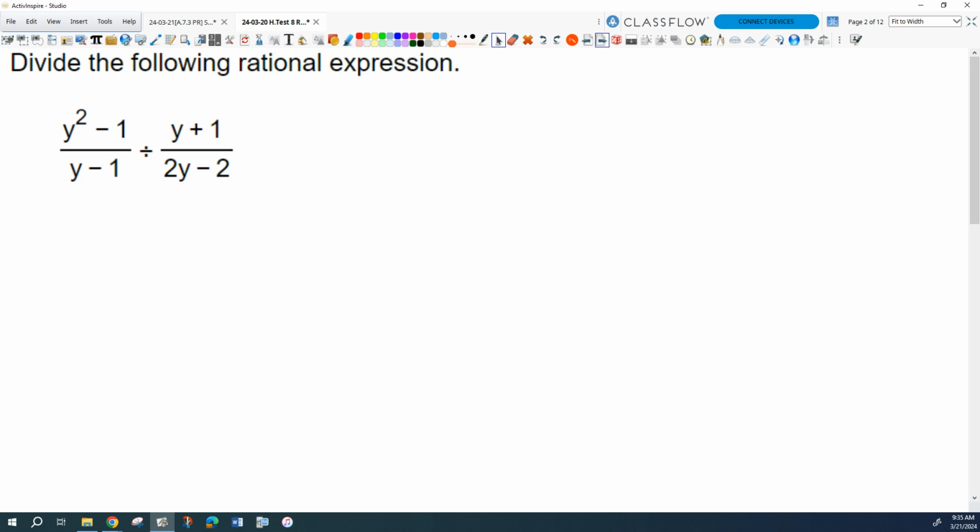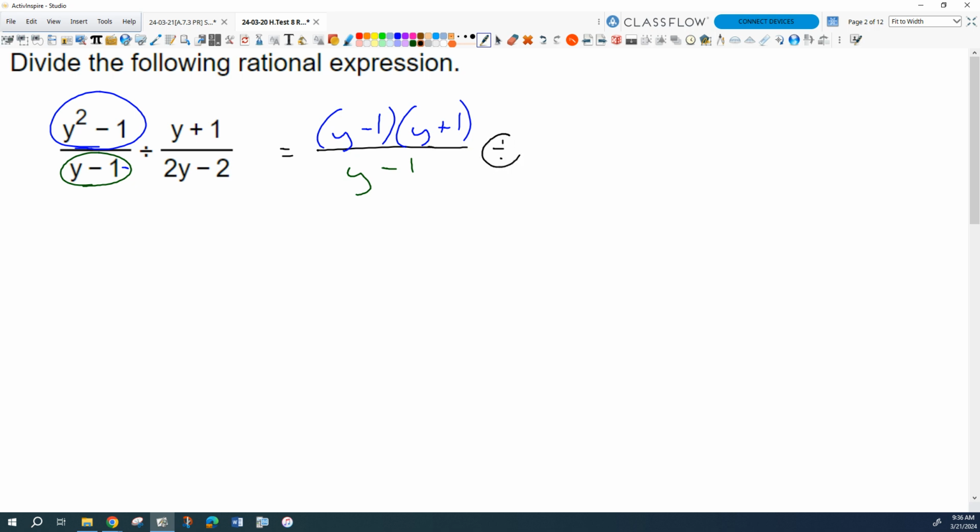So what would we do first? We're doing division, right? Factor everything. Good. So we've got our first fraction. Top factors into what? Our denominator is already y minus 1, divided by, almost factored.